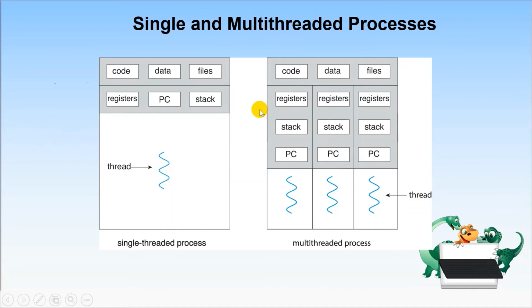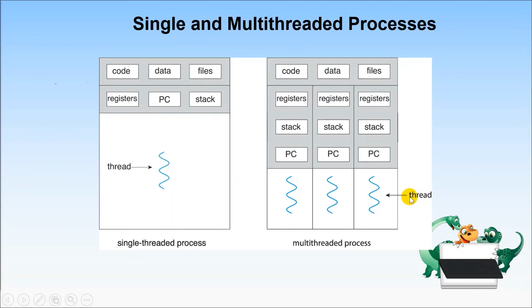As shown in this diagram, we've got multi-threaded applications, which have multiple threads within a single process. This string-like symbol here represents a thread.